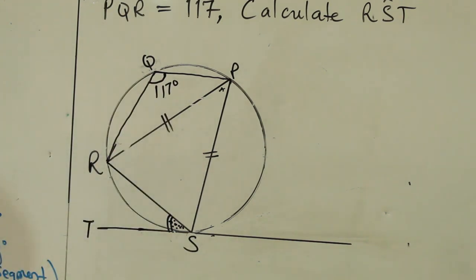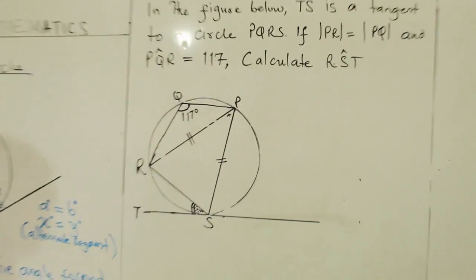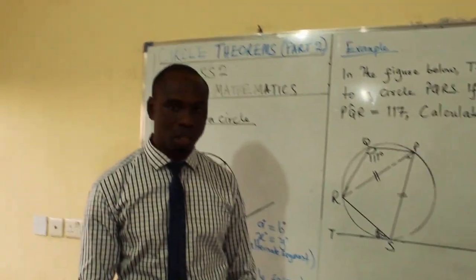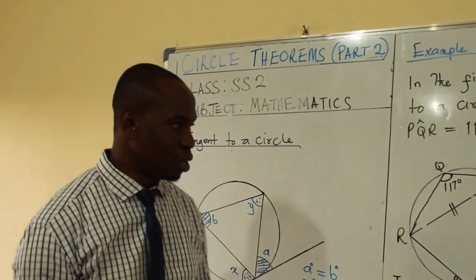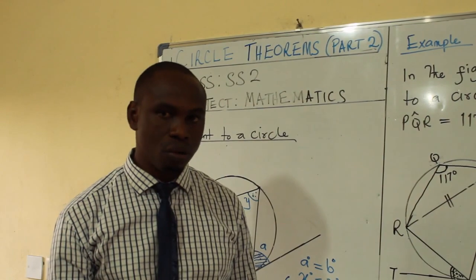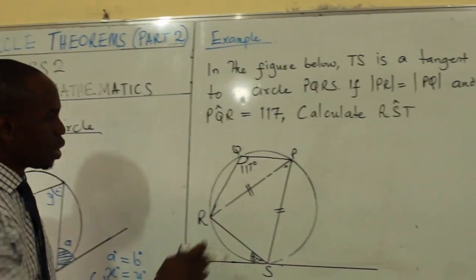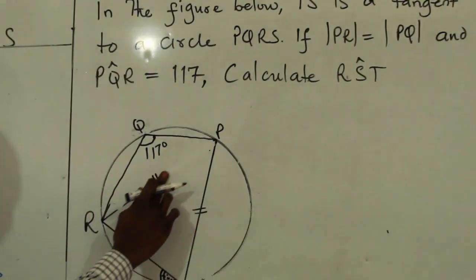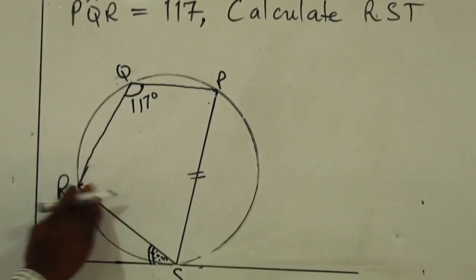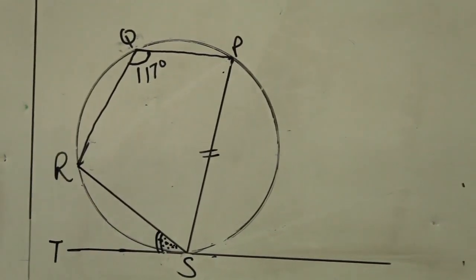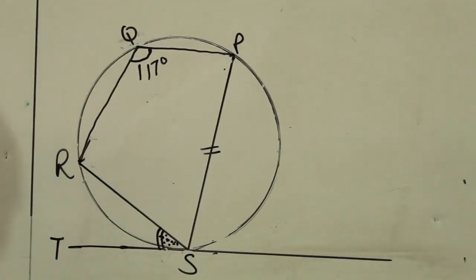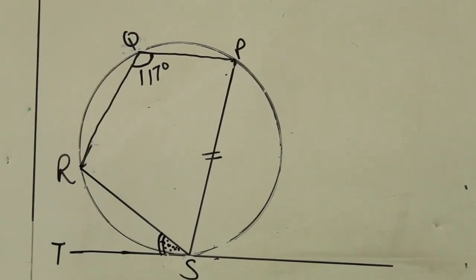Now, another thing to notice here is that there is a cyclic quadrilateral in this question. There is a four-sided figure whose vertices touch the circumference of this circle. If I eliminate this line, I can see the four-sided figure. This is a cyclic quadrilateral.